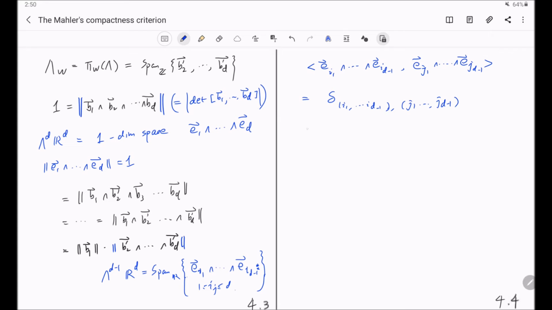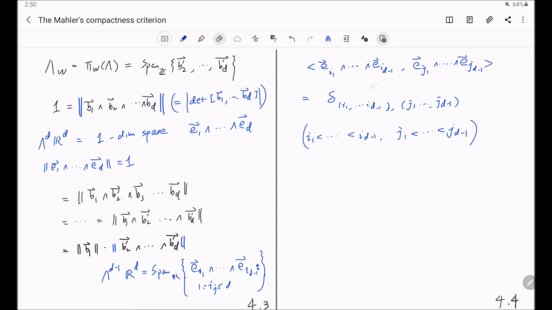And here you also stipulate that the indices are in strictly increasing order, otherwise it will be 0.